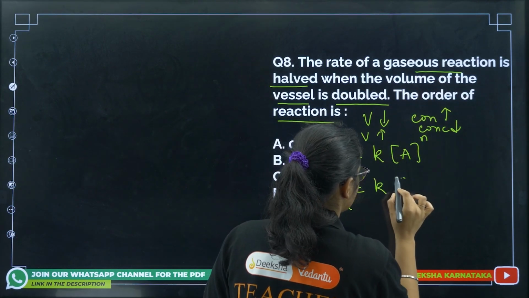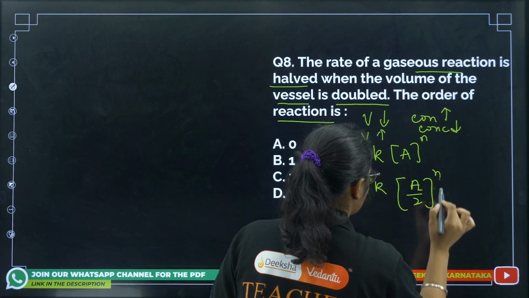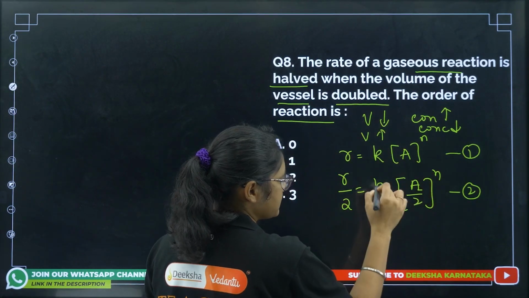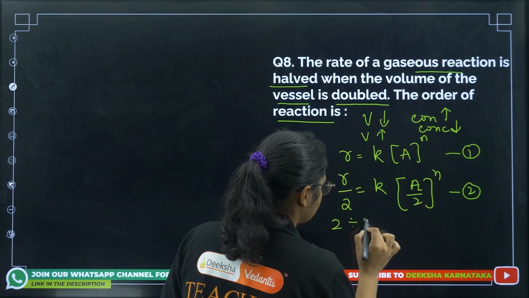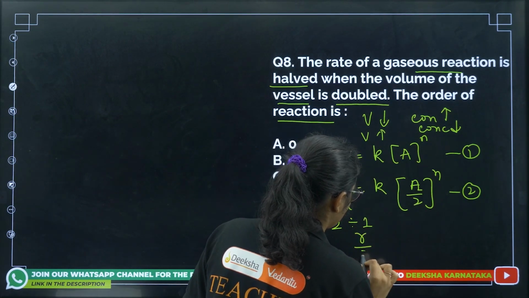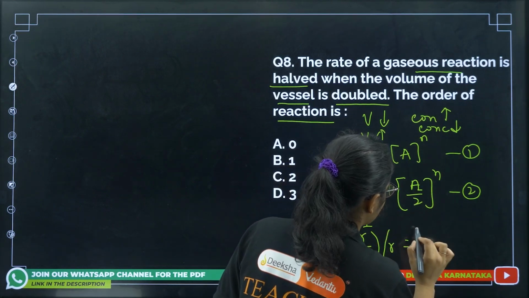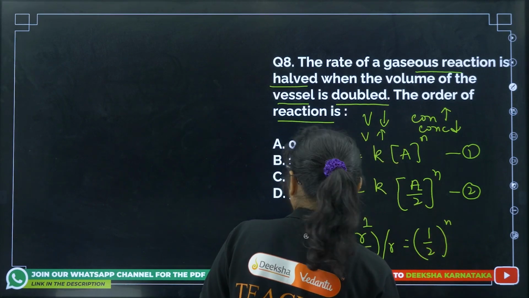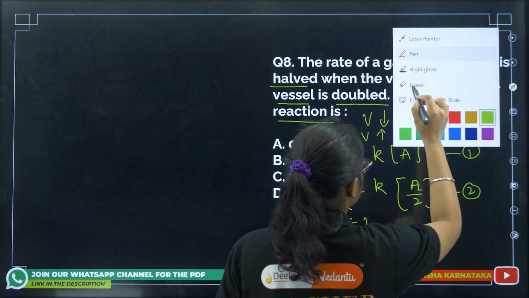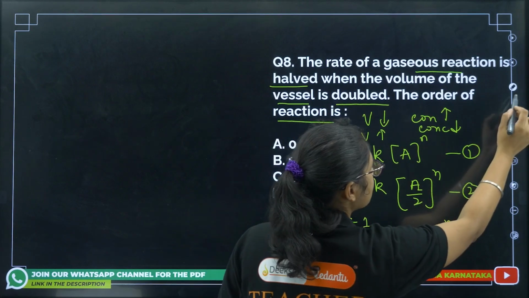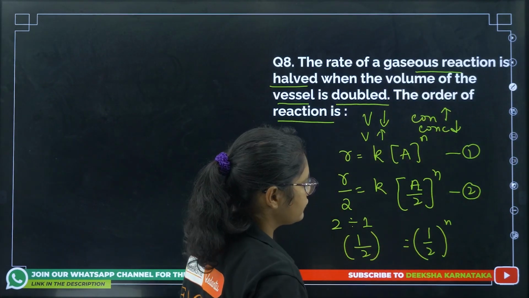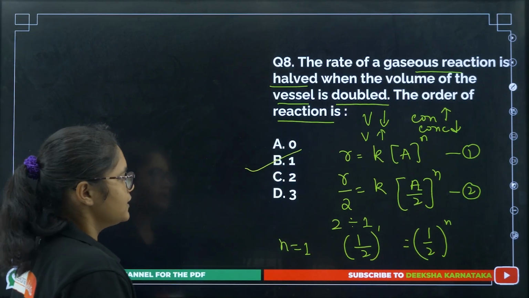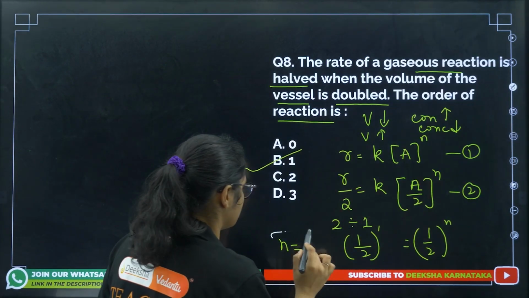So I can say R by 2 is equal to K into A by 2 to the power of N. This is equation 1, this is equation 2. Divide equation 2 by 1. So R by 2 by R is equal to, K will get cancelled, 1 by 2 to the power of N. If I solve this, I'll get 1 by 2, so N is equal to 1. The order of the reaction is first order. The correct answer for this question will be option number B.